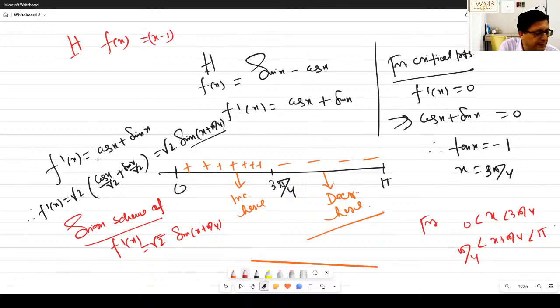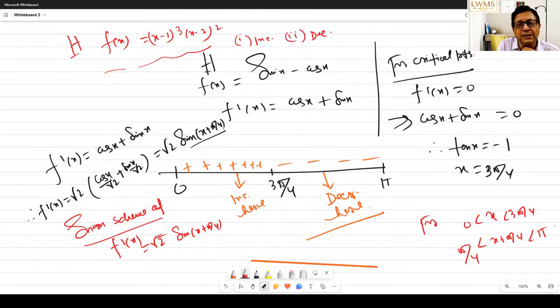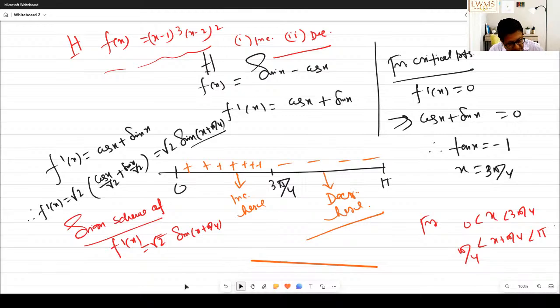It is an inserted type of sum. Find the intervals in which it is increasing and decreasing. Can you find? You think? Then I will solve.